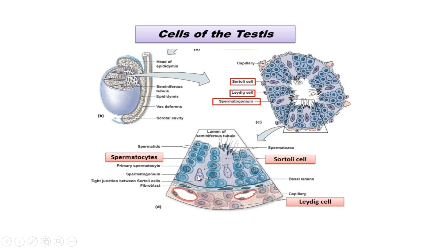As you can see, these purple ones are the Sertoli cells, while these are the Leydig cells. And as we learned from the last figures, these are the primary spermatocytes, the secondary spermatocytes, and the spermatids. And these are the mature spermatozoa.